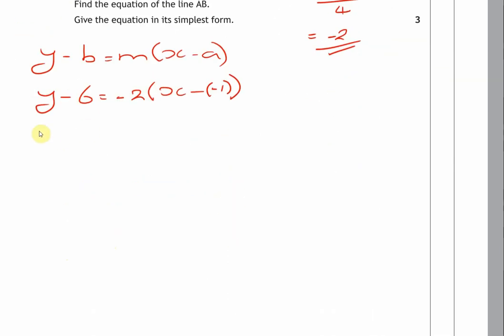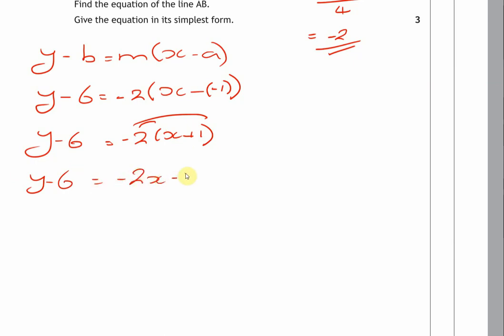So if we tidy this up, we'll get y minus 6 equals, now minus, in fact I'll do the extra step, so minus minus 1 becomes plus 1. So then we can multiply this bracket out. So we get y minus 6 equals minus 2x minus 2.